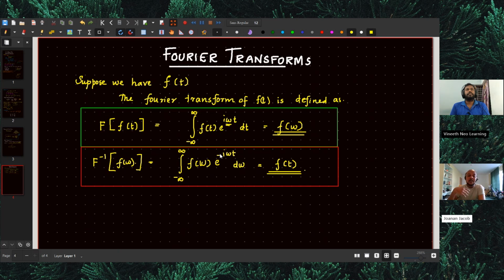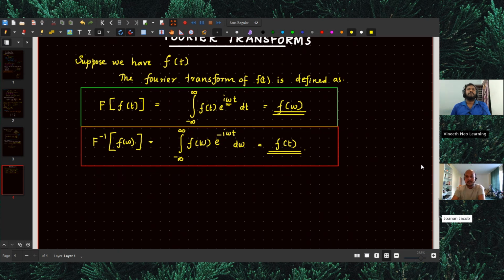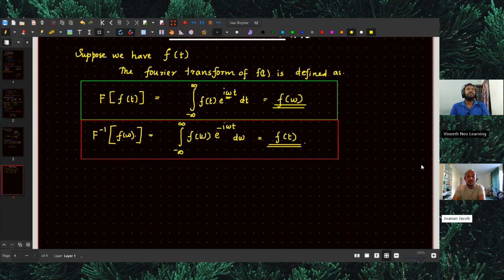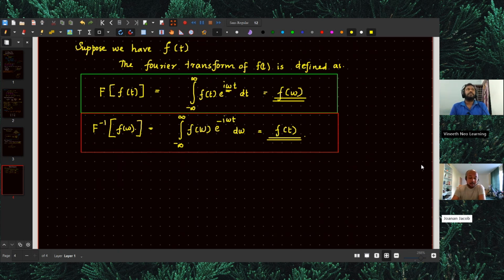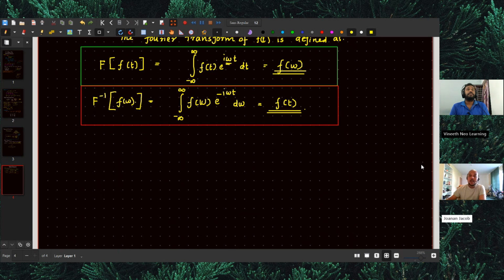It will become much more apparent when I define certain properties of Fourier transforms and how we apply them, especially on Maxwell's equations.